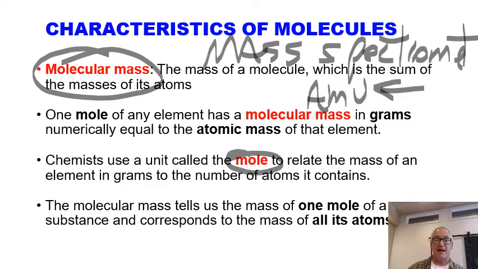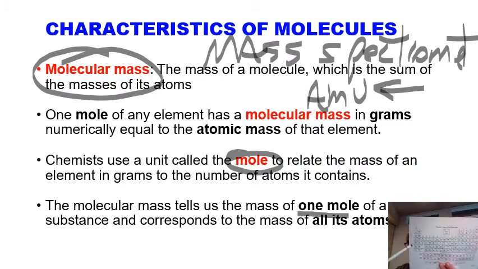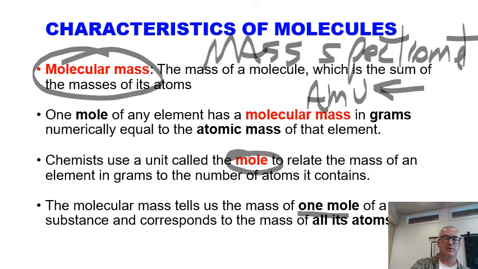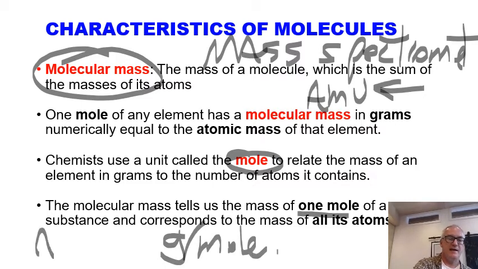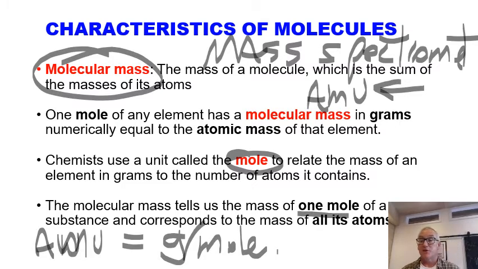So the molecular mass is the mass of 1 mole. It is just the average atomic mass that you can find on a periodic table, in grams per mole. So AMU is also equal to grams per mole. And it's grams per mole we're interested in because we can measure grams with something that doesn't cost $1 million.